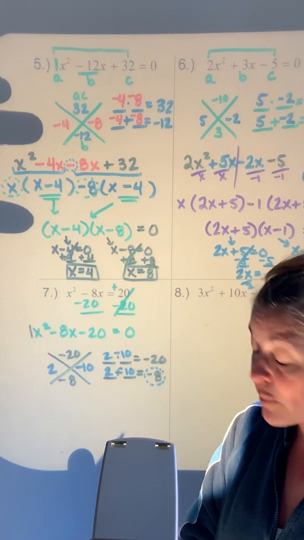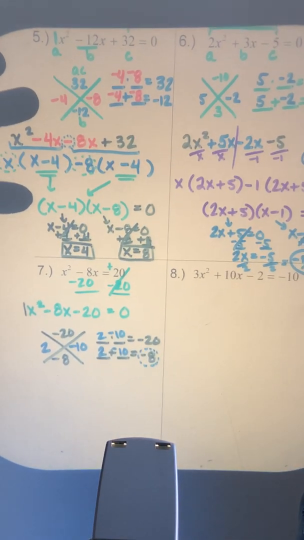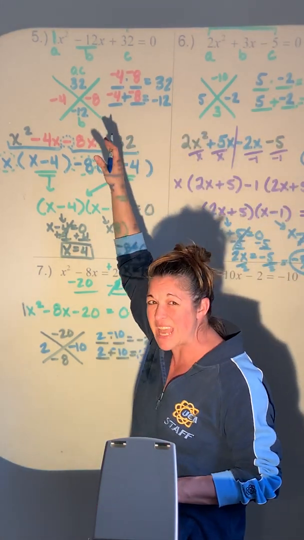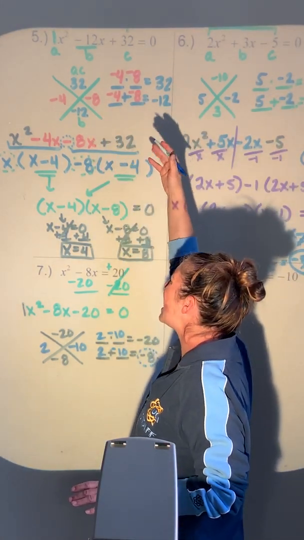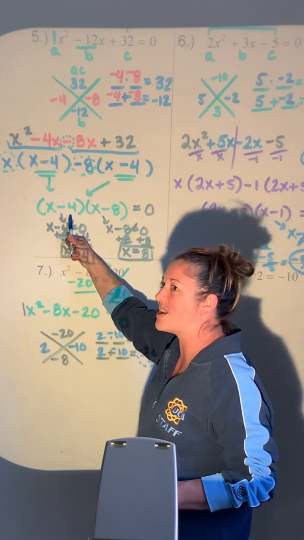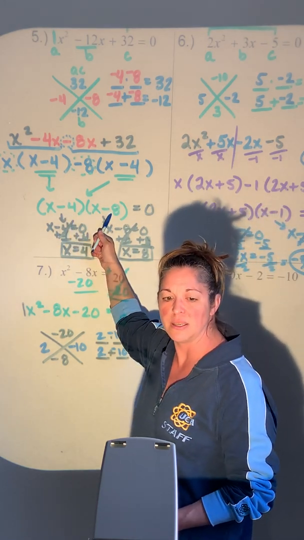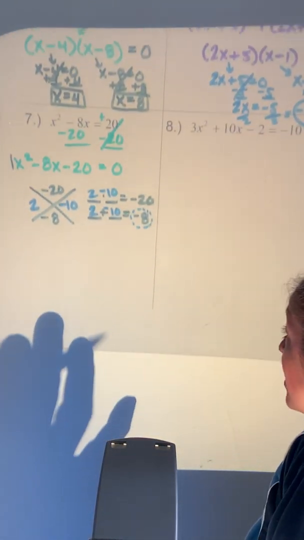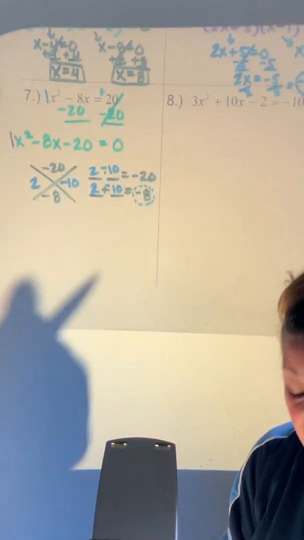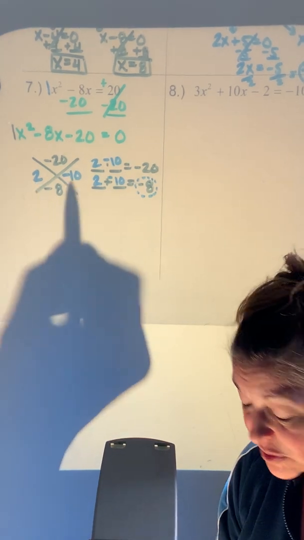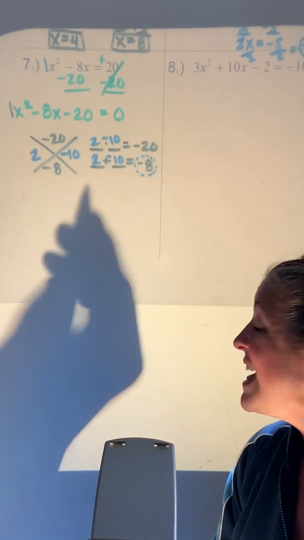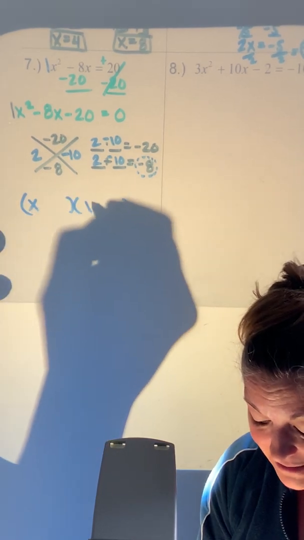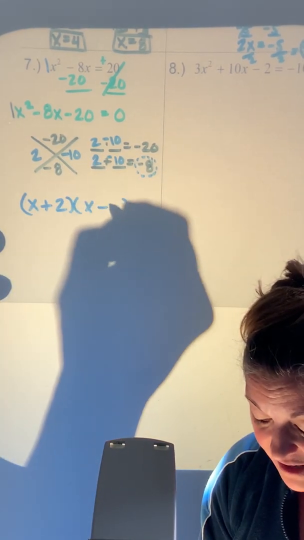If you think about what we did up here for number 5, we did all that work to find that the 2 numbers were going to be -4 and -8, and then when I factored, it was -4 and -8. Well, this same thing will happen here. Because this quadratic just has a 1 here, these numbers I find here in blue, they're the numbers that are going to go with my x's in my final answer.